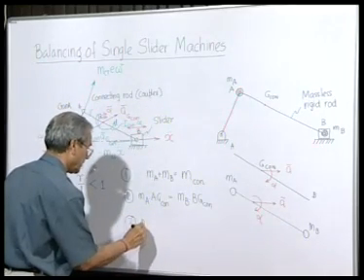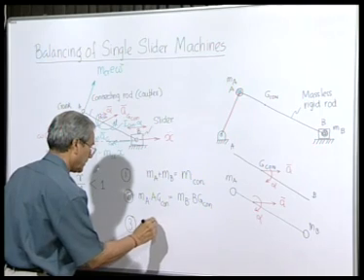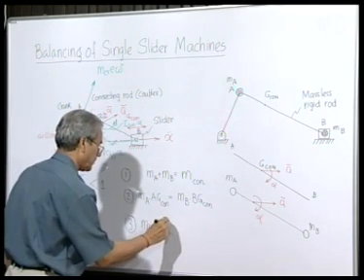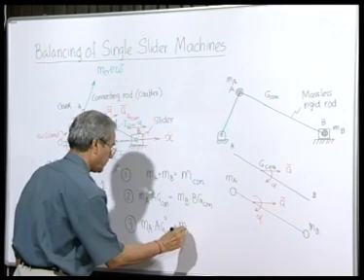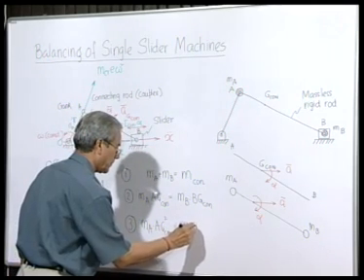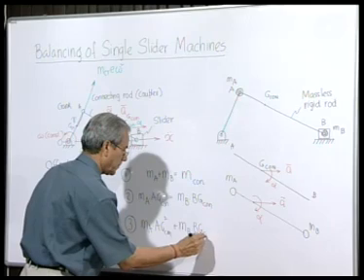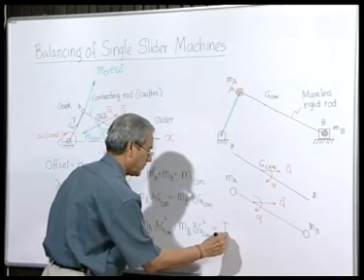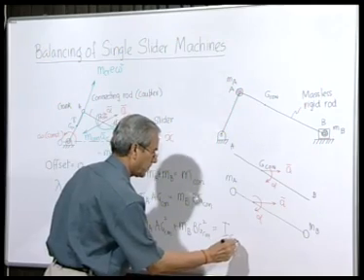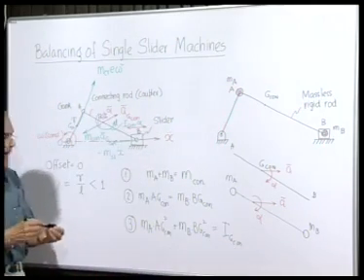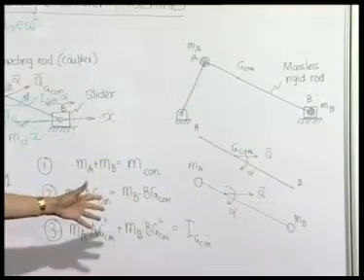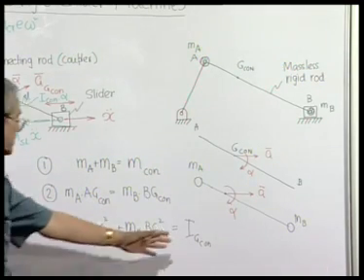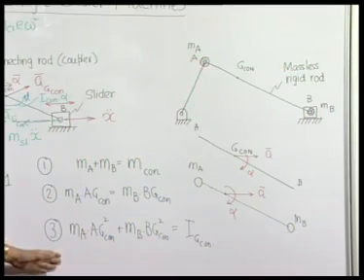That is, if I_G connecting is the moment of inertia about the center of mass of the original connecting rod, it must be equal to this.